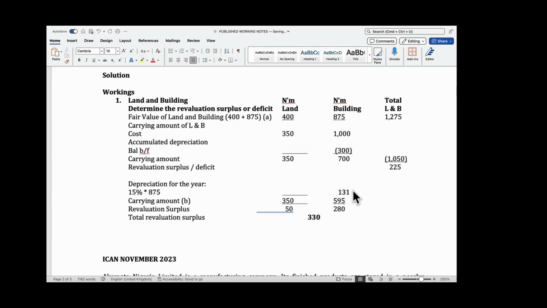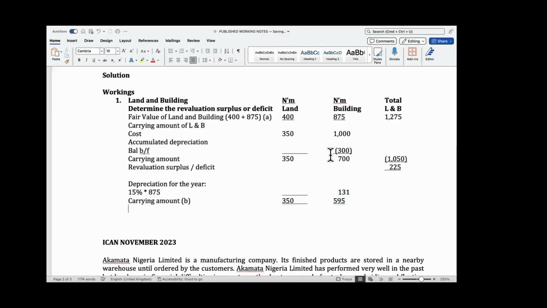So this is my 131. In order to get my carrying amount for this year, the easiest way to do it, you don't have to be doing all this separation. All this one is not necessary. Just extend this 131 here, because this is the total value of your assets, not these ones anymore, since they have revalued it at the beginning of the year to this.